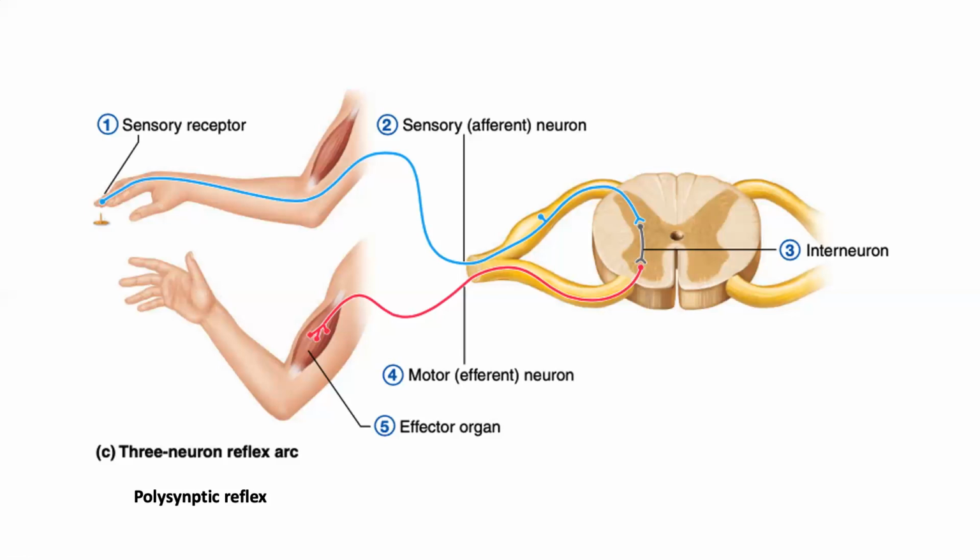Of course, this contains a sensory neuron, interneuron, and motor neuron, and therefore it is called polysynaptic, and it is a reflex. Reflex means it happens at a subconscious level, and it is a reproducible, reliable response.